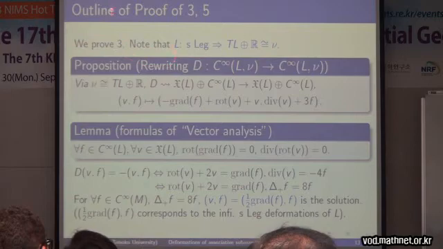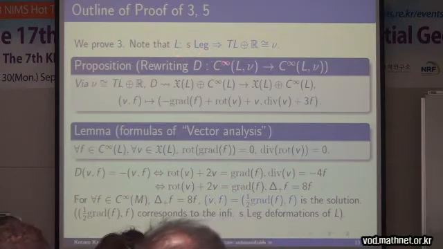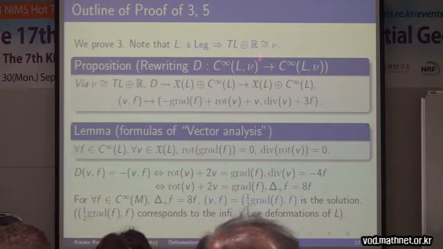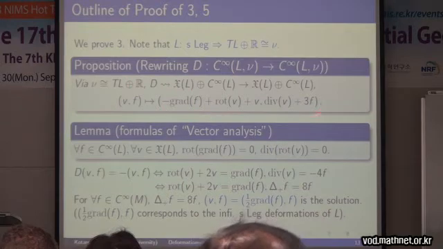To prove this, first we use the fact that if L is special Legendrian, then the normal bundle is identified with TL, the tangent bundle, plus R. So first we consider rewriting the operator D. Via this identification, D is an operator from chi L to C infinity L to chi L to C infinity L.